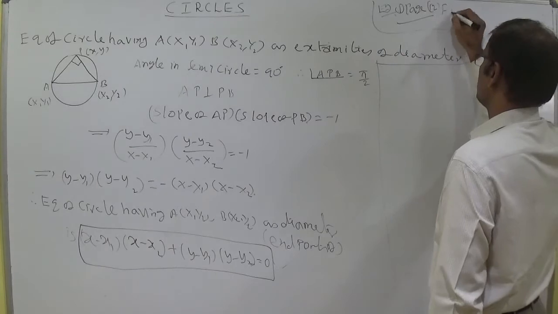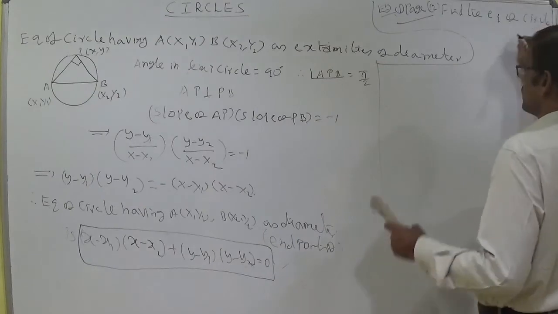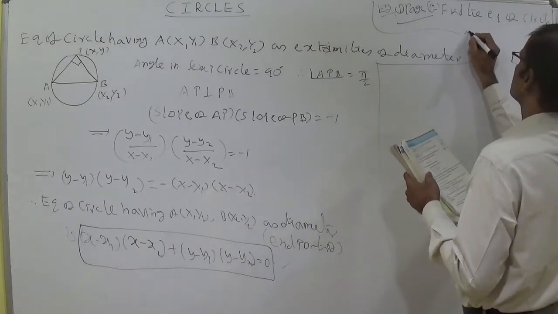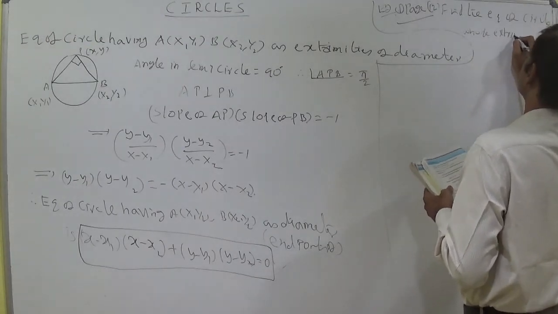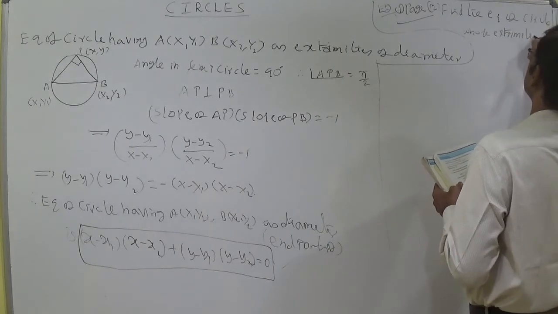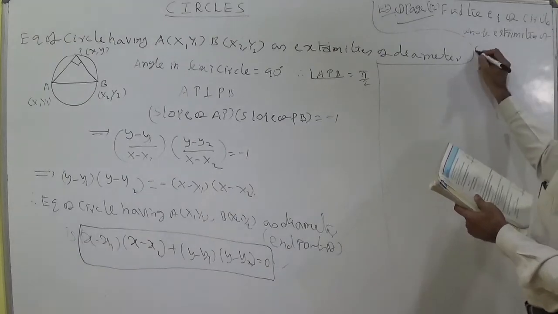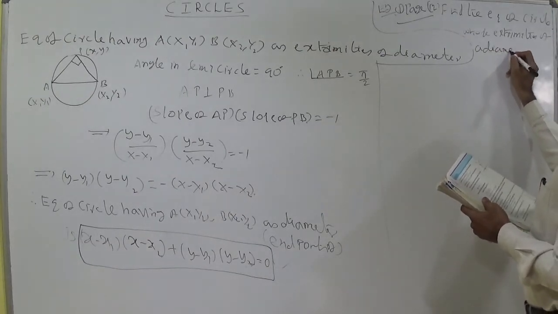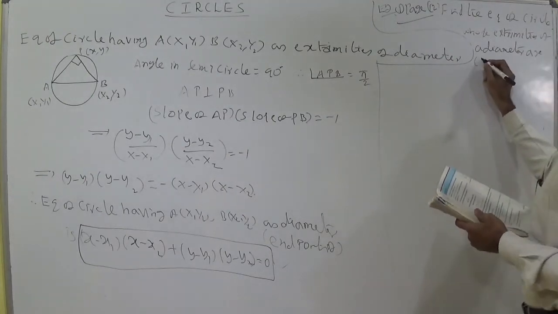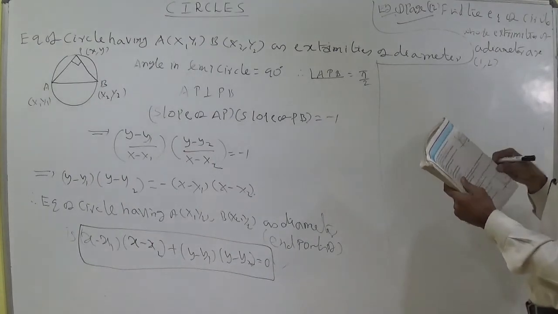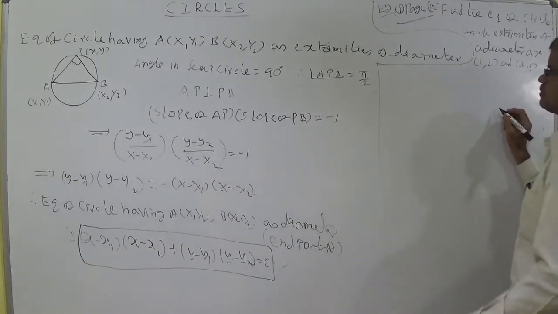Find the equation of circle whose extremities of a diameter, end points, are given as (1, 2) and (4, 5).